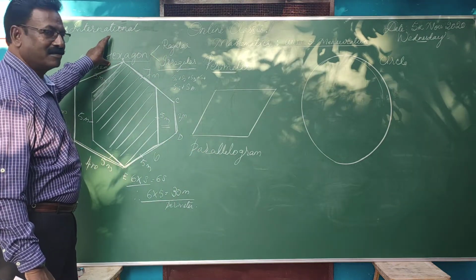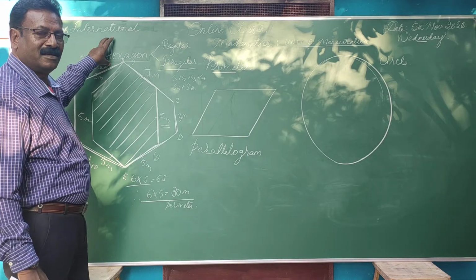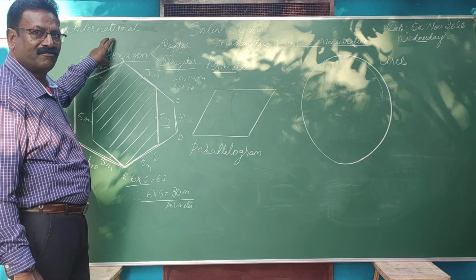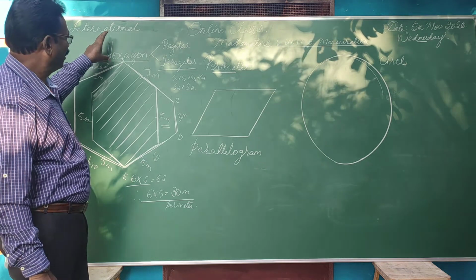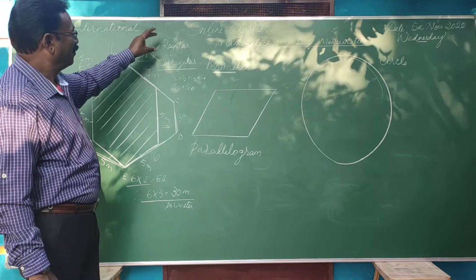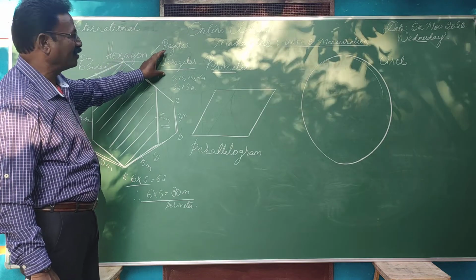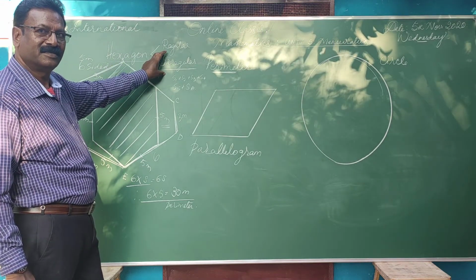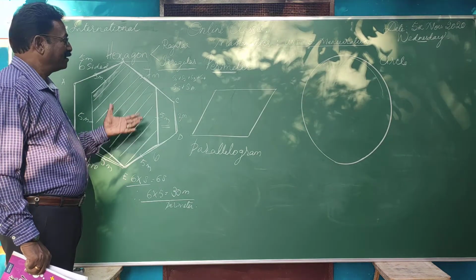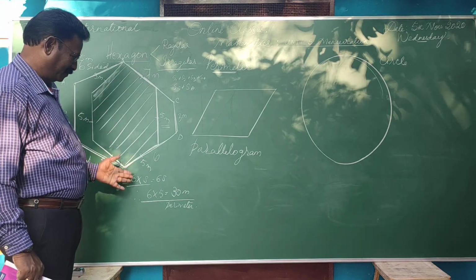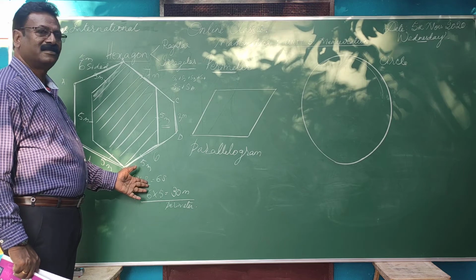What is a hexagon? A six-sided plane figure is called as hexagon. What is regular hexagon? What is irregular hexagon? How to find its perimeter? In case if it is regular hexagon, 6 into side.